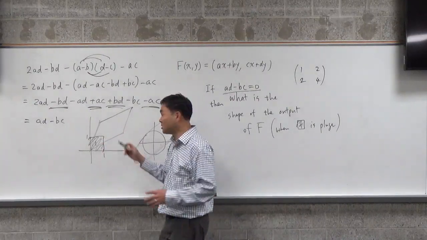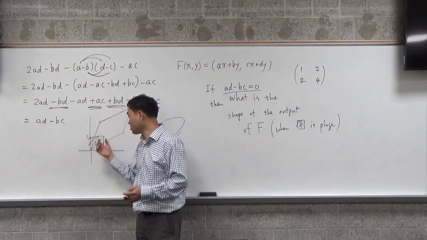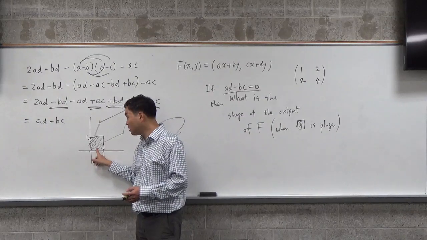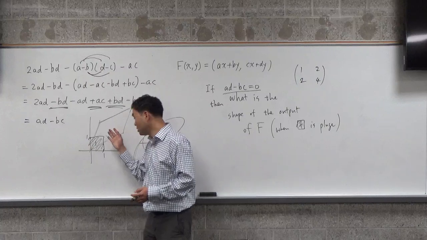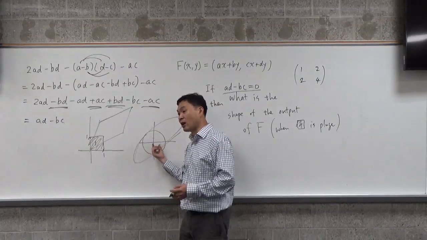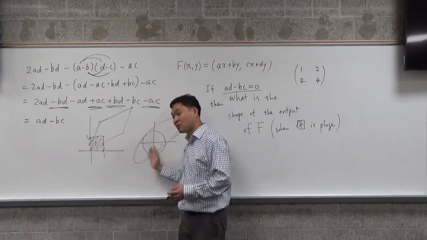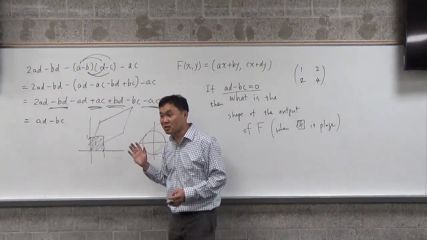It's not the area of the image, but it's the proportion of the area change. So if the original area was 1, then the image will have determinant times 1 as its area. If the original area was pi, the image will have AD minus BC times pi. Okay? That's the meaning of the determinant.